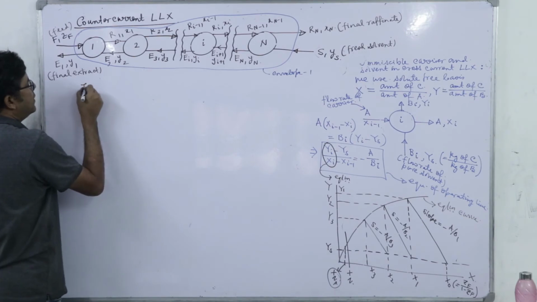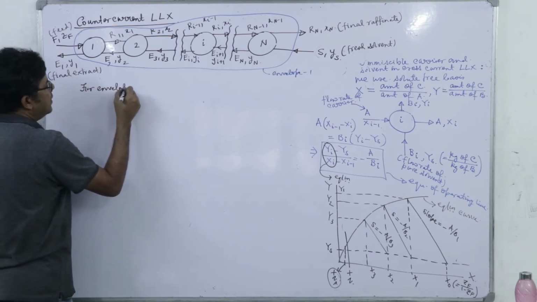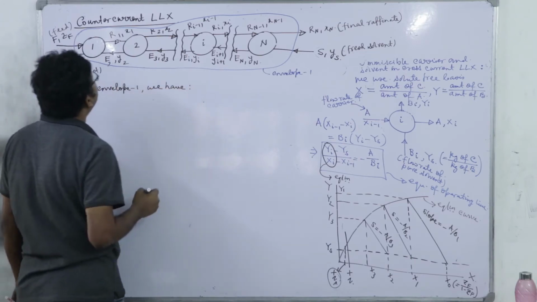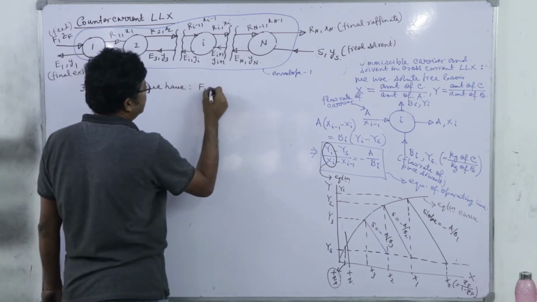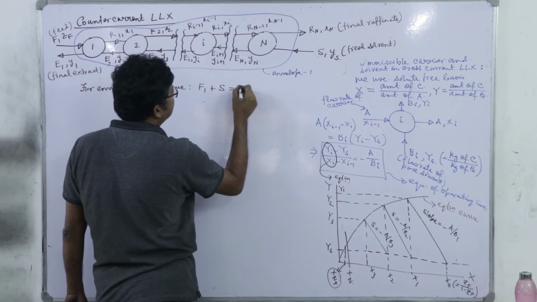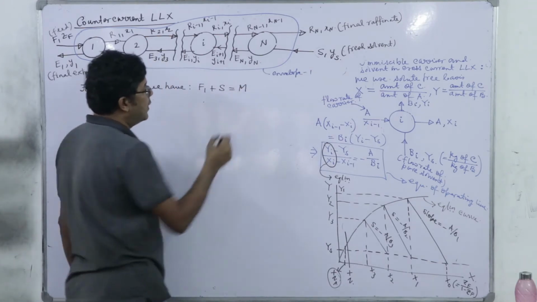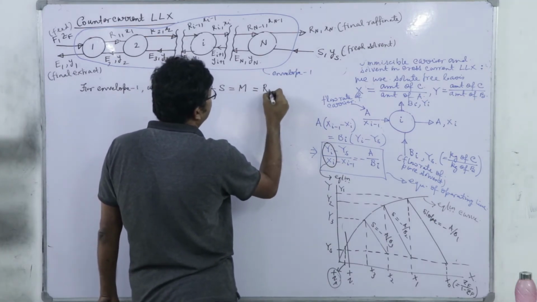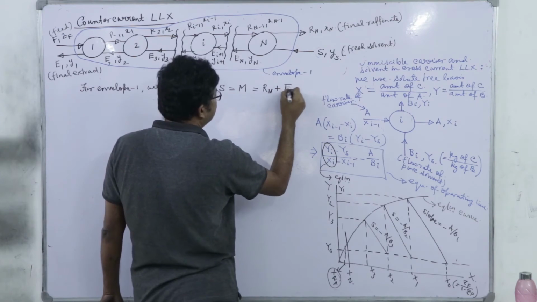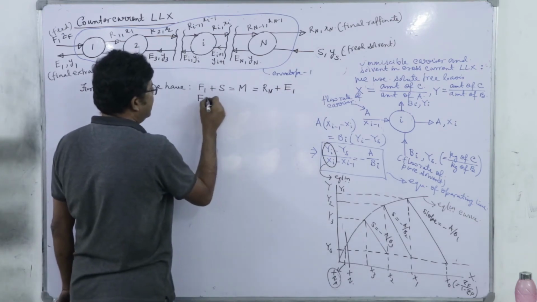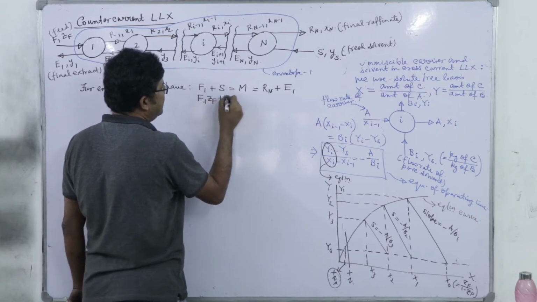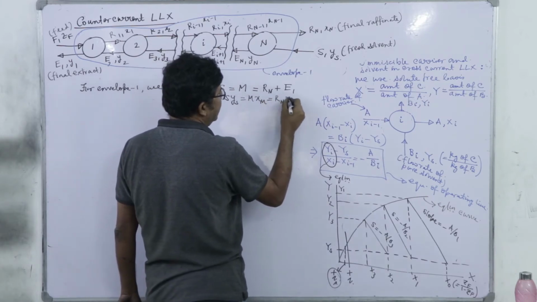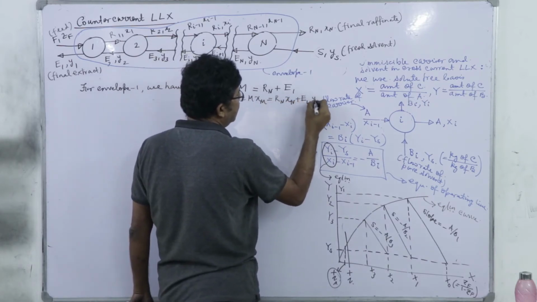So, for envelope 1, we have F1 plus S is equal to some hypothetical mixture, considering it to be single stage, which actually has got no meaning, M equals Rn plus E1. And similarly, F1 into ZF plus S into YS equals M XM equals Rn Xn plus E1 Y1.